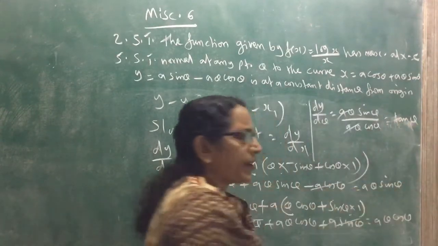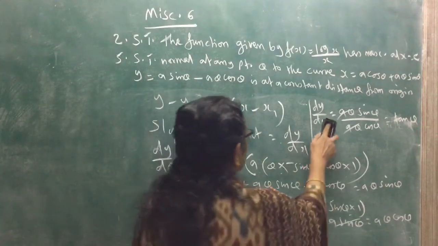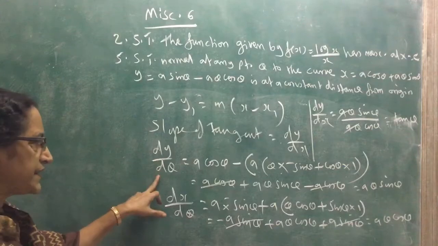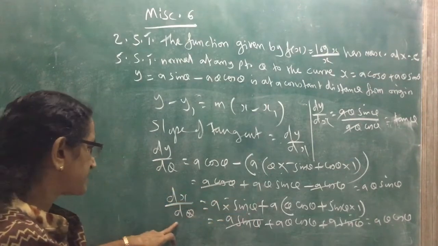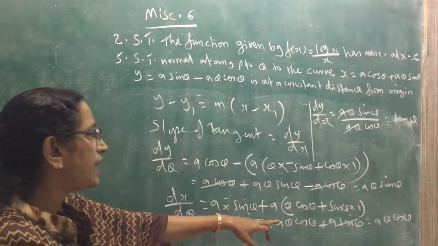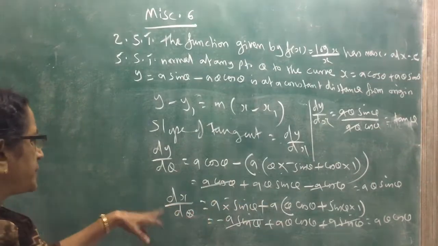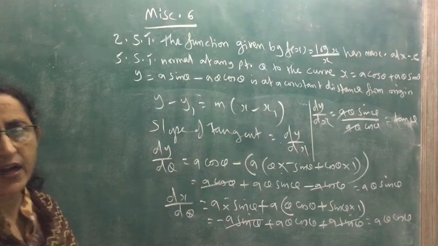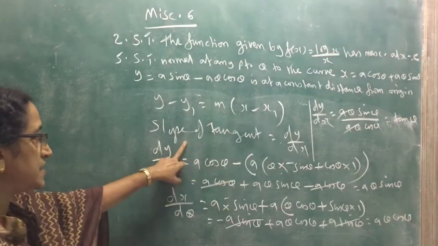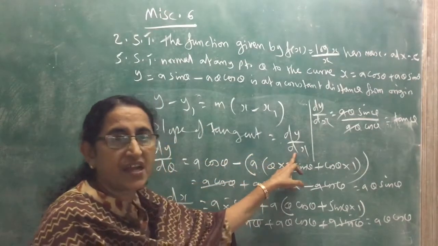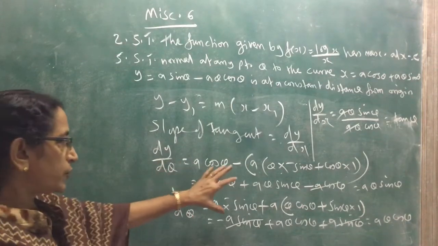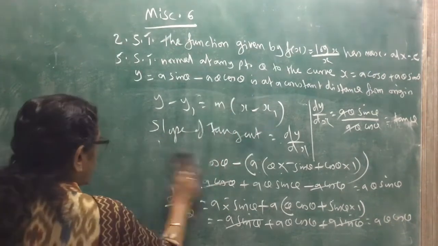So dy by dx equal to dy by d theta divided by dx by d theta, that is tan theta. This is the slope of the tangent, dy by dx. Now we can find the slope of the normal, minus 1 by dy by dx. Using that we can find the slope of the normal.